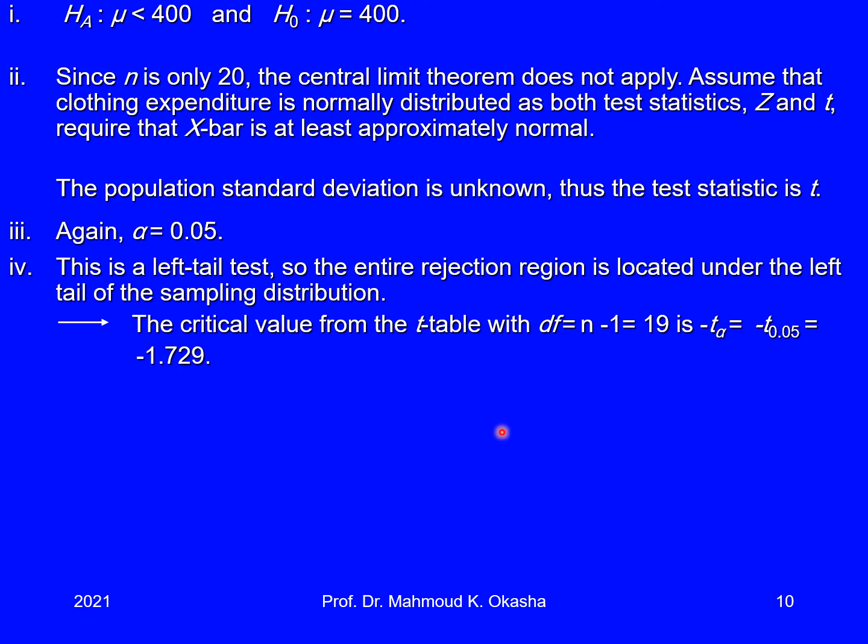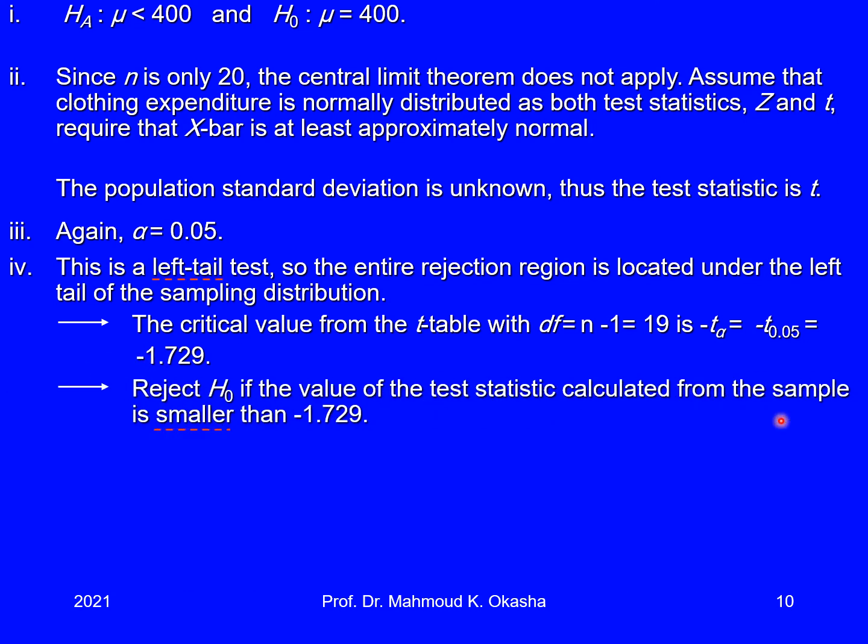All the values on the left are negative and all values on the right are positive. So the critical value is minus 1.729. We decide to reject H naught if the value of the test statistic calculated from the sample is smaller than this critical value.